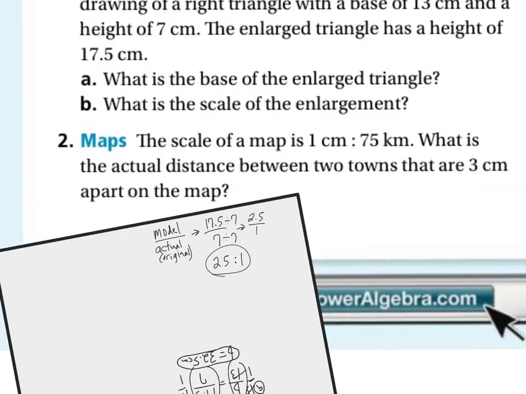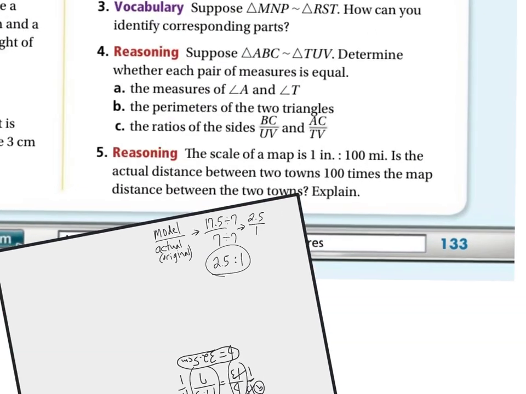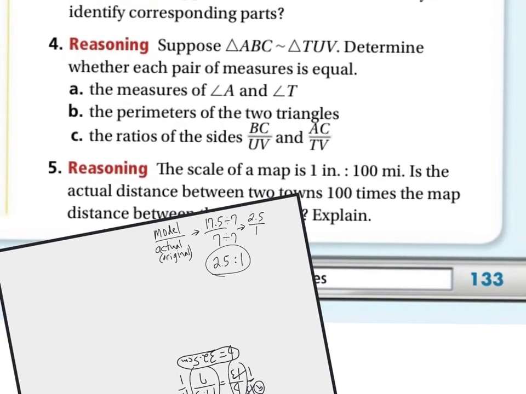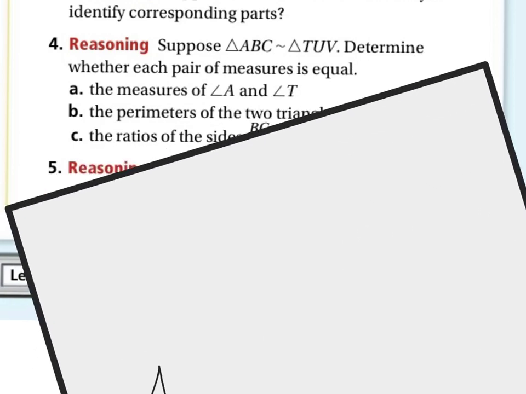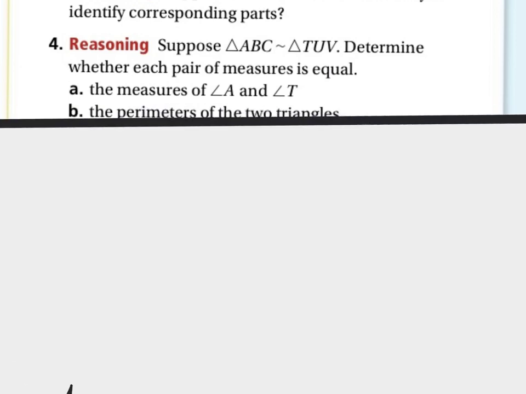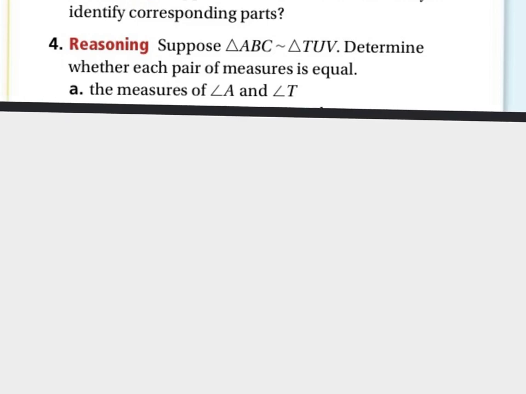If we look at number 4, they want us to tell whether these are equal. So this just goes to our similarity statement. So angle A and angle T, would those be the same?